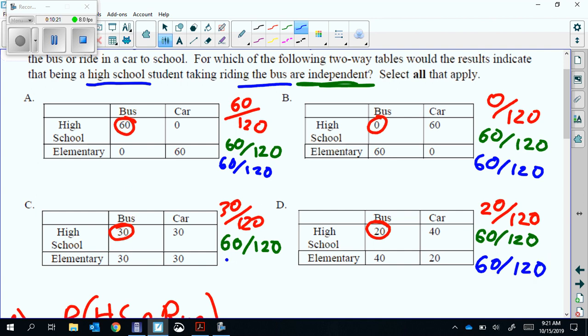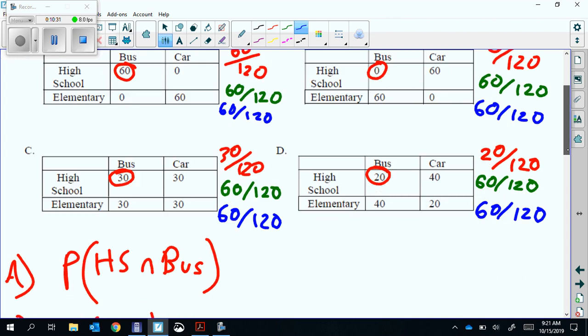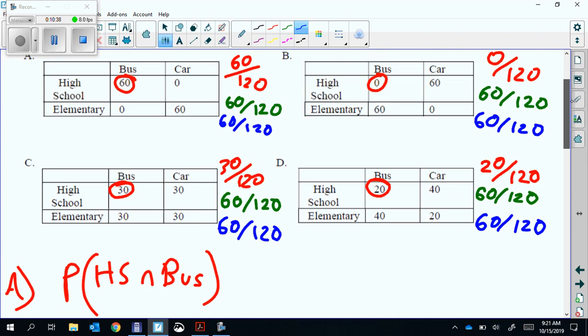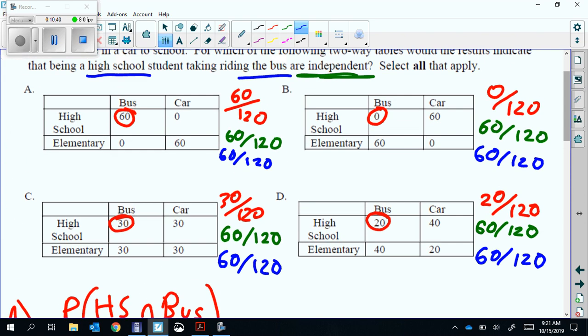And bus riders, that's 60. So we need to look for the probability of bus equals the other two multiplied together. So which one does red equal the other two multiplied together?